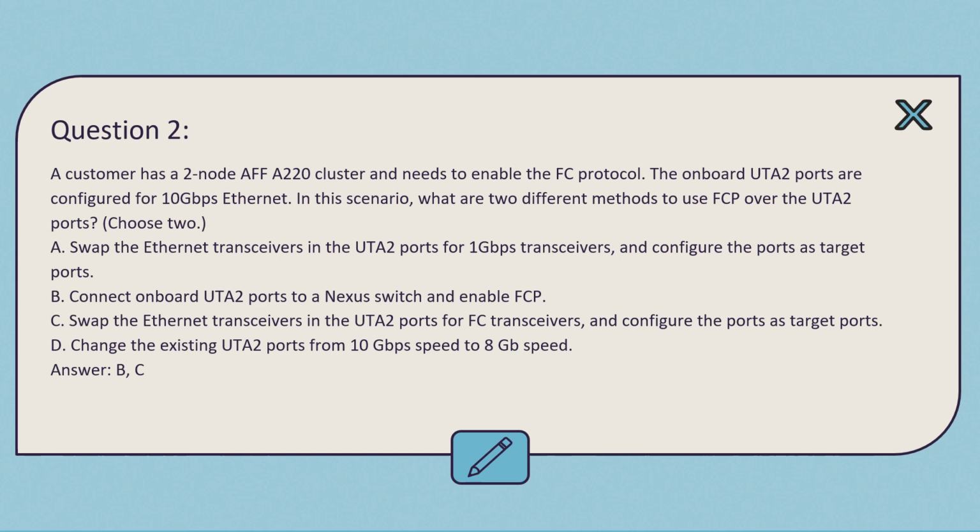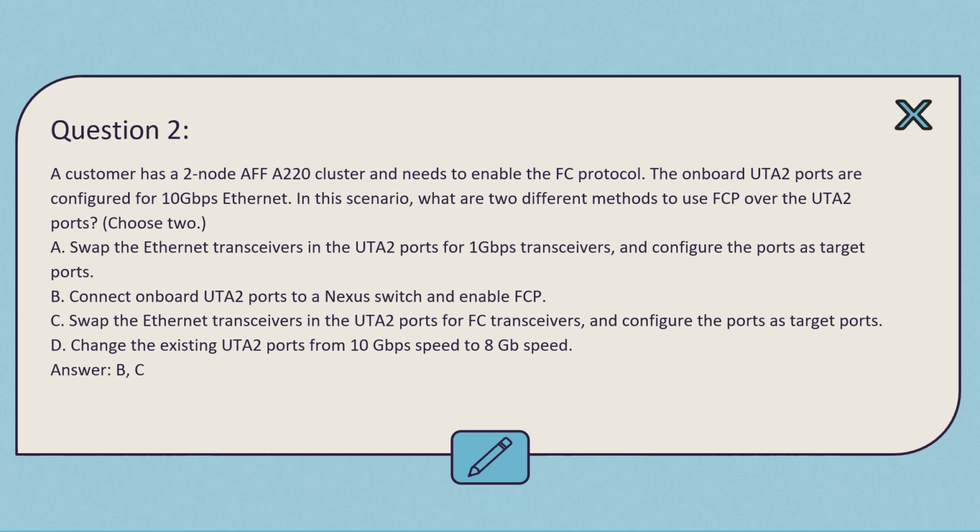2. A customer has a 2-node AFF A220 cluster and needs to enable the FC protocol. The onboard UTA2 ports are configured for 10 gigabits per second Ethernet. In this scenario, what are two different methods to use FCP over the UTA2 ports? Choose 2. A. Swap the Ethernet transceivers in the UTA2 ports for 1 gigabit per second transceivers, and configure the ports as target ports.